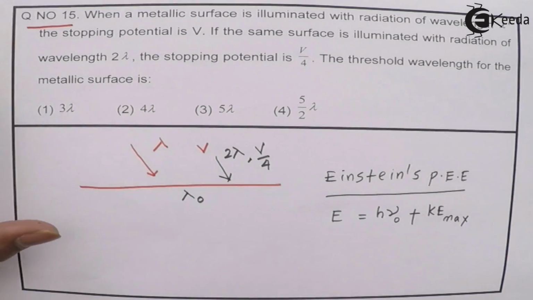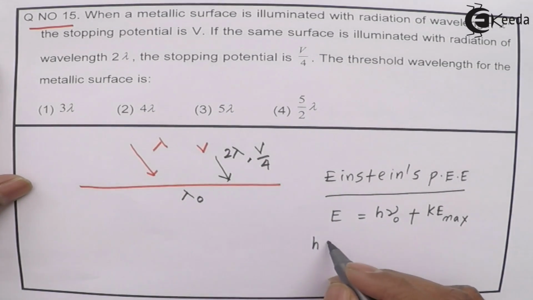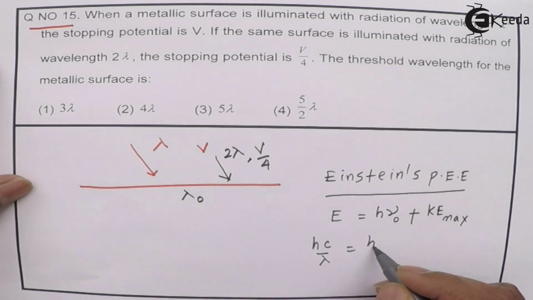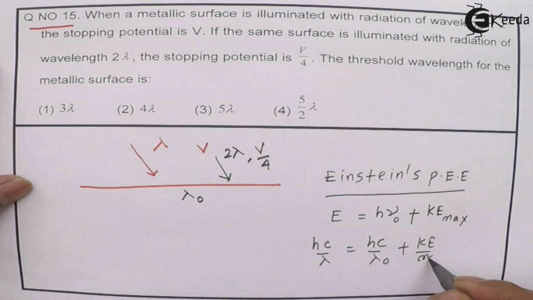In terms of wavelength, I can write this as hc over lambda equals hc over lambda naught plus K max.